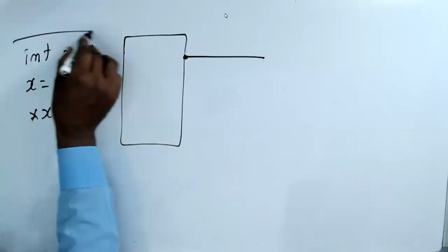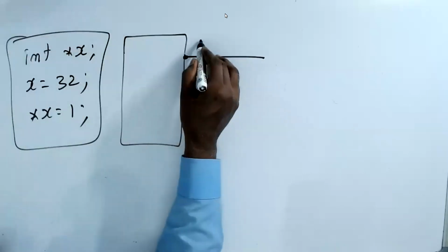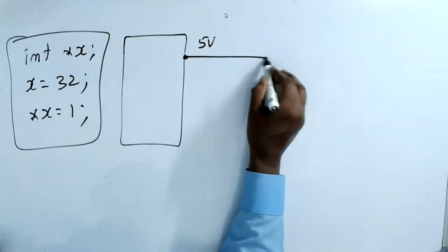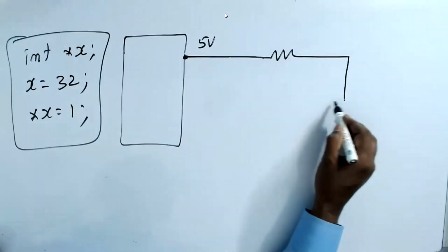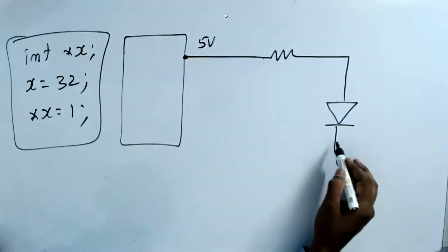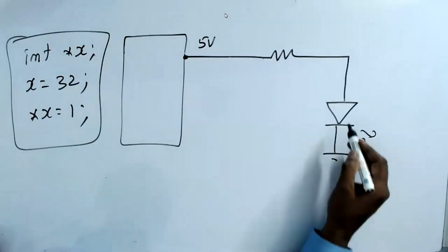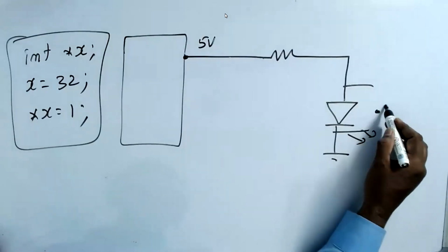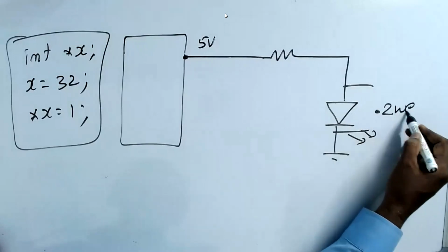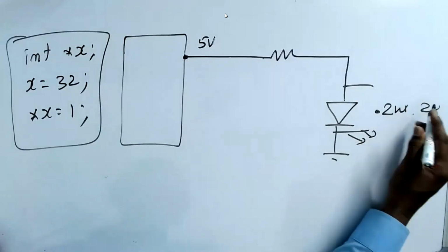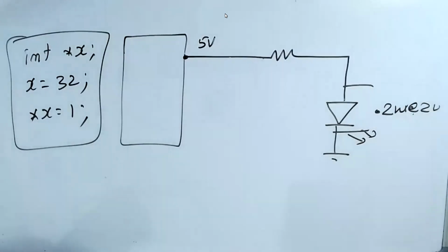This program is making the pin 5 volt. Now I have a resistor and I have an LED. This LED is 0.2 watts at 2 volts. That's very important. That symbol is very important.